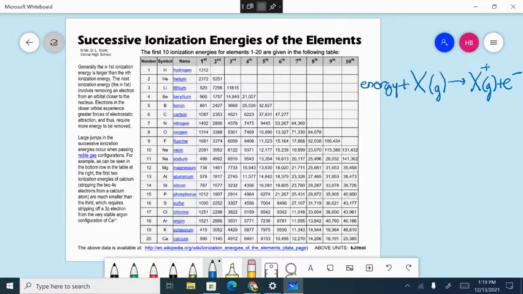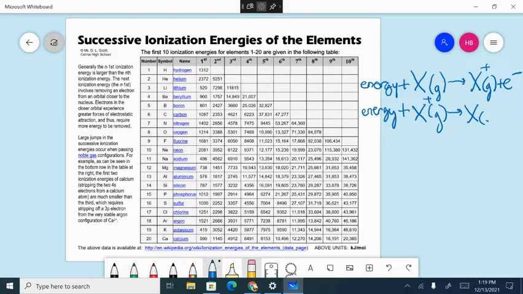The larger and more metallic an element is, the more likely it is to give up valence electrons. It will gladly give them away. That's the first ionization energy. The second ionization energy was how much energy you'd have to add to remove the second electron. So this guy's already missing one electron.